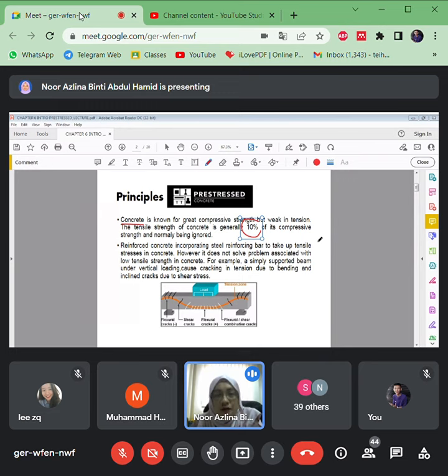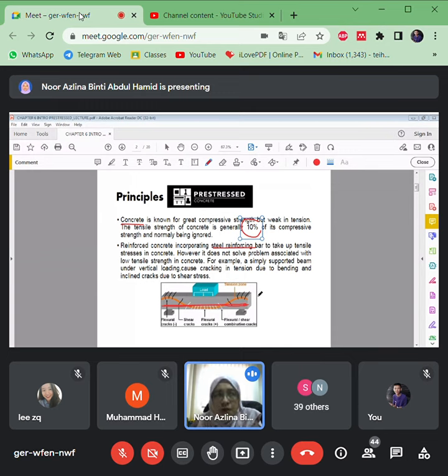Because of this weakness, we provide steel reinforcements to take up all the tensile stress in the concrete. So there will be reinforcement, the main bars that we arrange at the tensile regions.